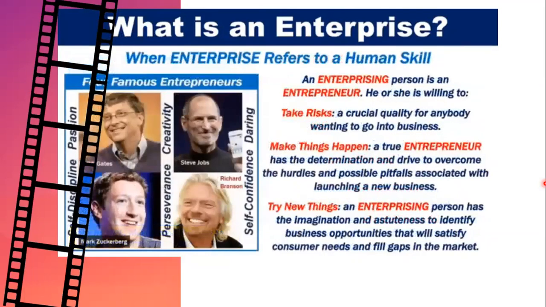An enterprising person is an entrepreneur. He or she is willing to take risks, a crucial quality for anybody wanting to go into business, make things happen. A true entrepreneur has the determination and drive to overcome the hurdles and possible pitfalls associated with launching a new business, and also they're willing to try new things. An enterprising person has the imagination to identify business opportunities that will satisfy consumer needs and fill gaps in the market.